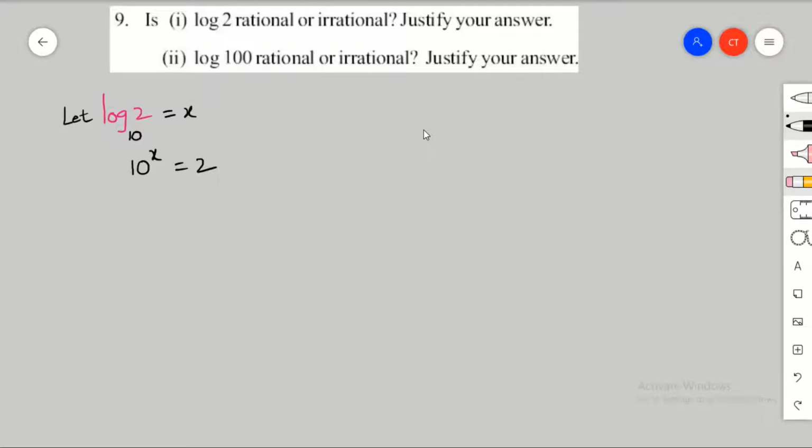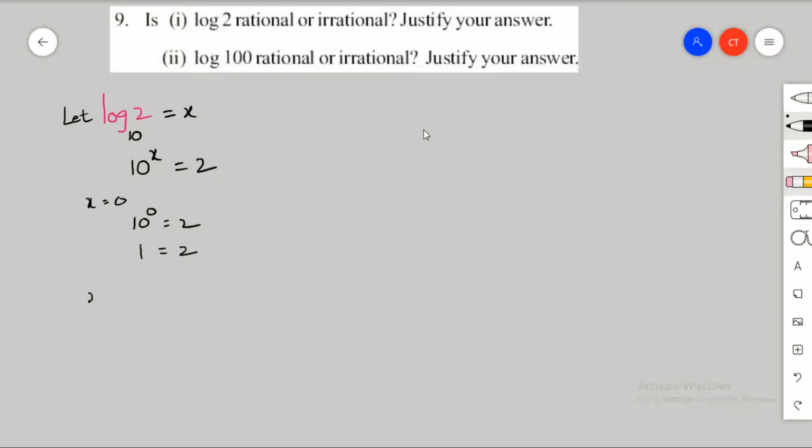We'll assume some values. For example, if x is equal to 0, then this becomes 10 power 0 is equal to 2. Anything to the power 0 is 1. The value is 1, and on the other hand, we have 2, which is not valid.